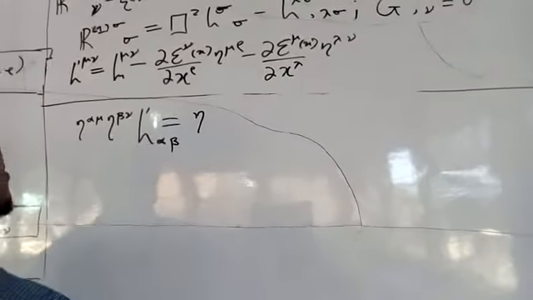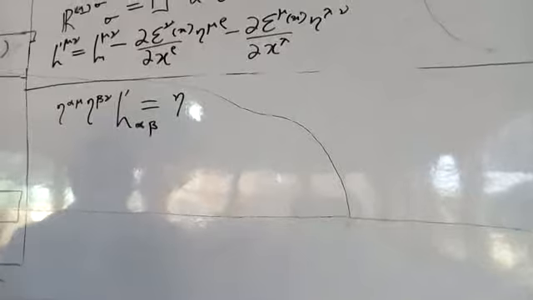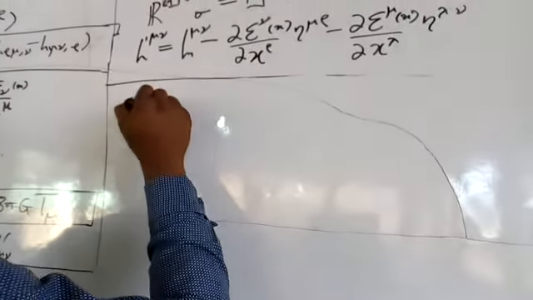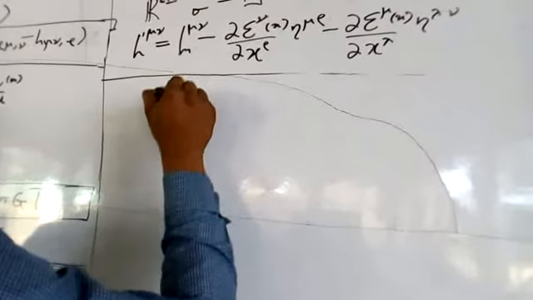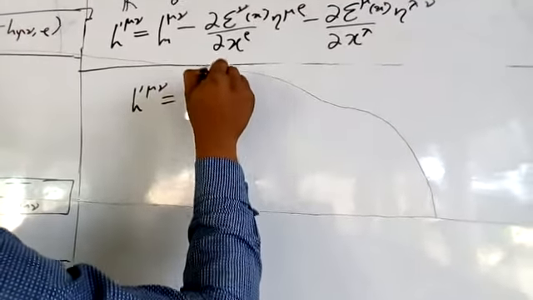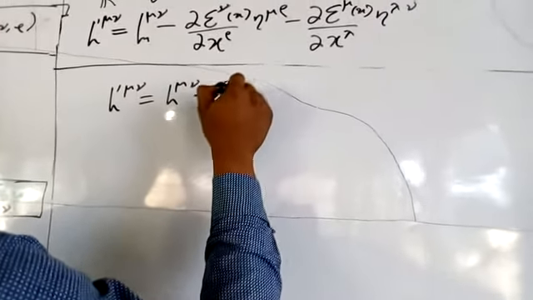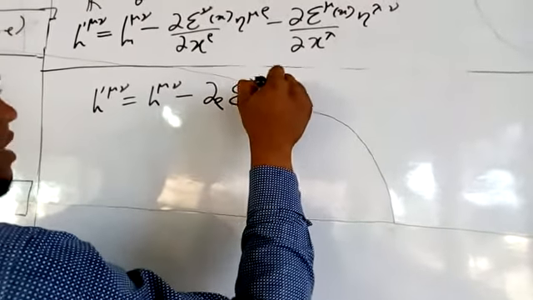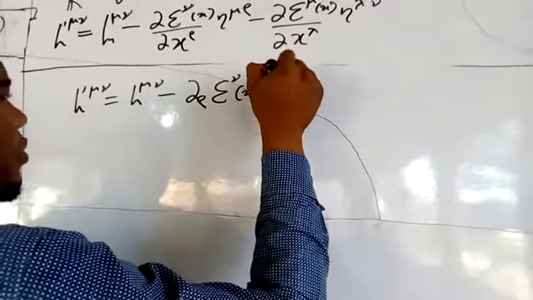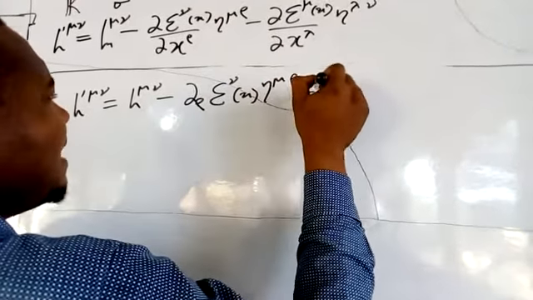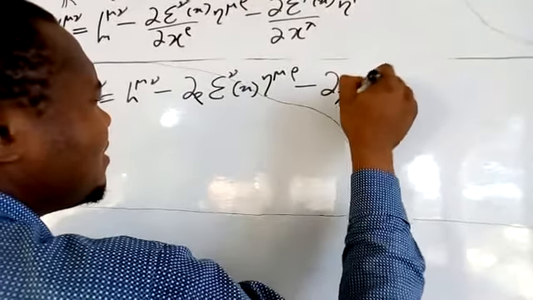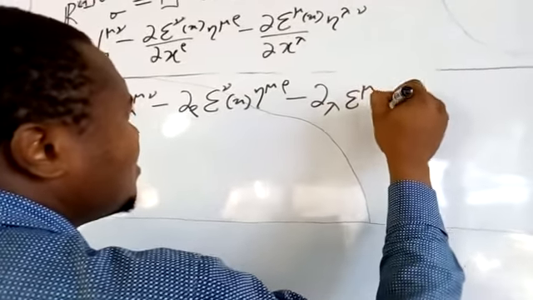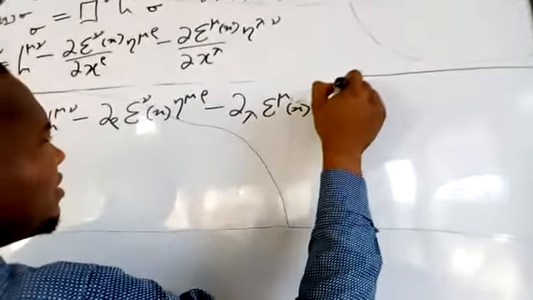I think to be able to do this, we'll still do the same thing. I would like to write this in a way that will make the method I'm using now quite easier. This is minus, let me say the rho, epsilon nu of x, eta mu rho minus the lambda, eta lambda nu.